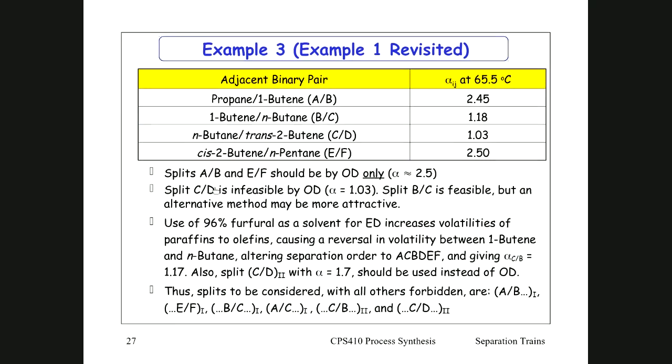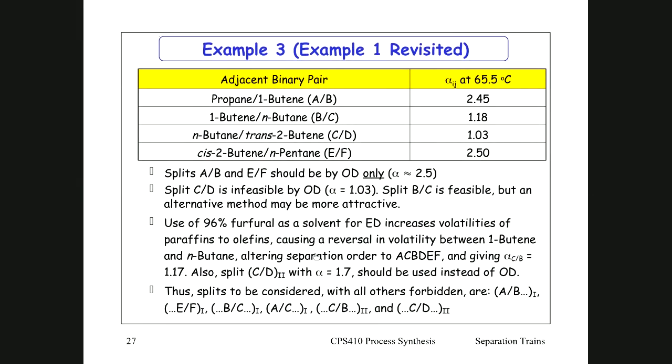Use of 96% furfural increases the volatilities of paraffins. So it will increase the volatility of butane, and the butenes will tend to go with the furfural, including this butene, which is even more volatile than the N-butane.